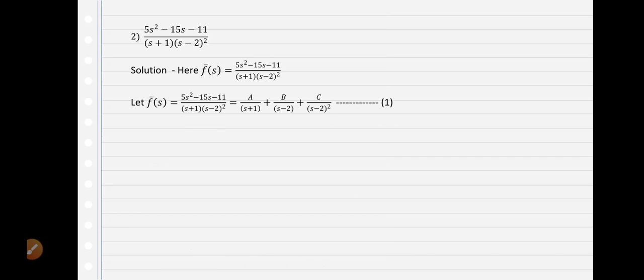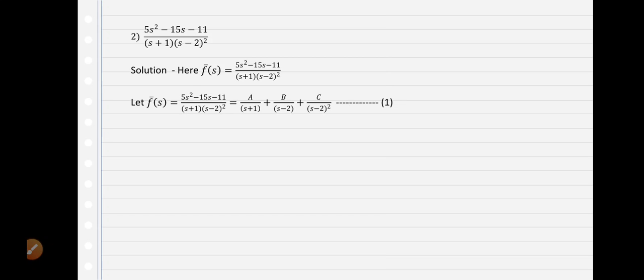So f bar of s can be written as the first constant A divided by the first factor. Now see here, the second linear factor is appearing in square form. So we have to properly write the method of partial fraction here on RHS: A upon s plus 1 for the first factor, second factor is s minus 2.